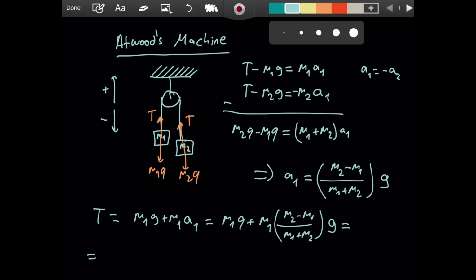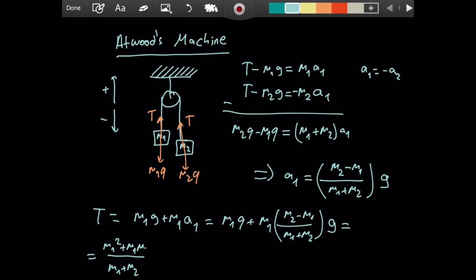Of course, I can't just multiply it, it will be M1 plus M2 in the denominator, and I multiply the top as well, so it is M1 squared plus M1 M2. Then we have plus M1 M2 minus M1 squared over M1 plus M2. I also took the G out, like this.